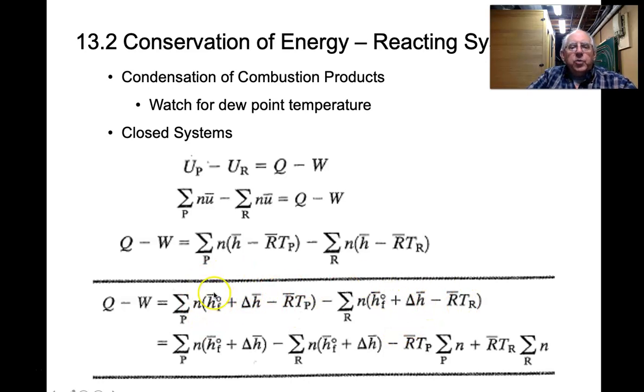And since we are dealing with ideal gases, and we see that there's a number of each of the products and a number of each of the reactants, this RT term and this RT term here actually can come out and be associated with a combined number of products and number of reactants.